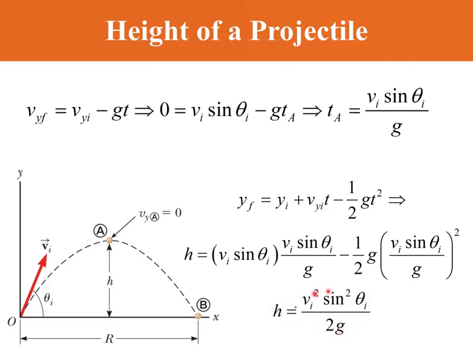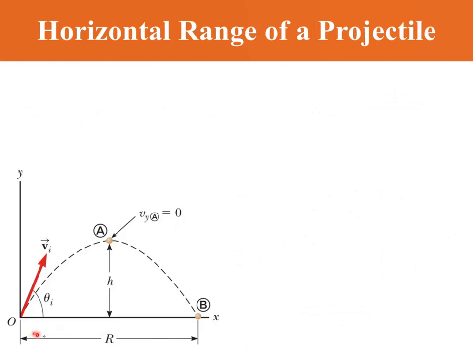So this will be the equation for maximum height, where vy at this position is equal to 0. And we can also have an equation for R, the maximum range.